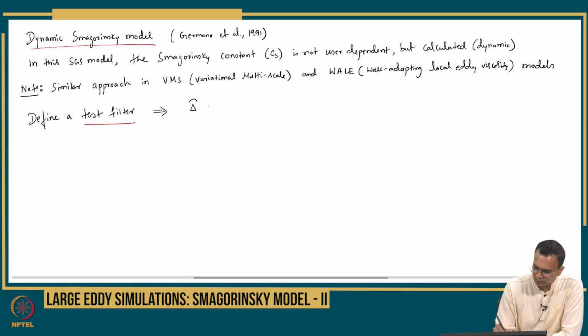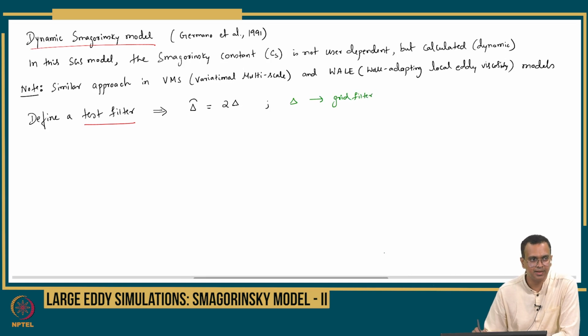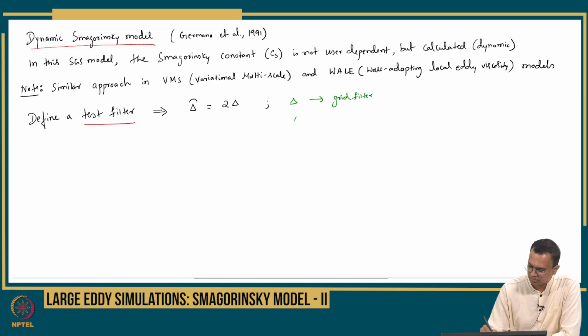This test filter is twice that of your grid filter, where delta is your grid filter, that is, the filtering operation done at the grid level if you are using implicit filtering. So this is the grid filtering, and this kappa is the test filter.